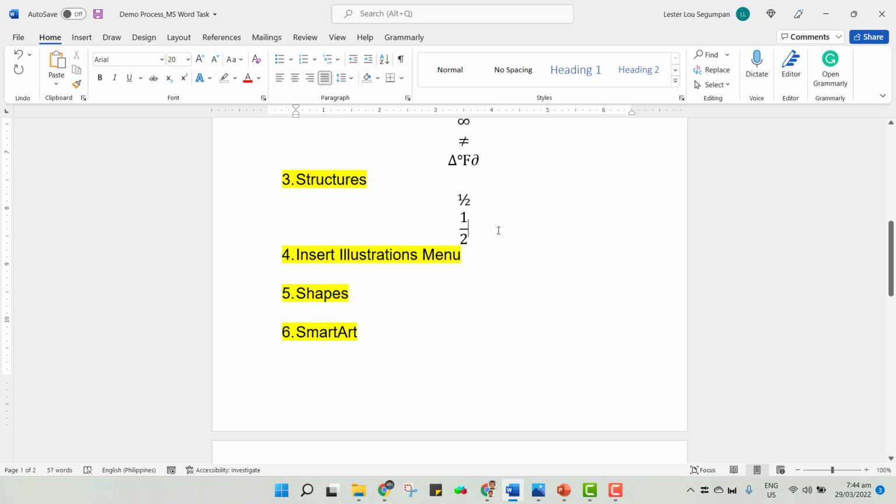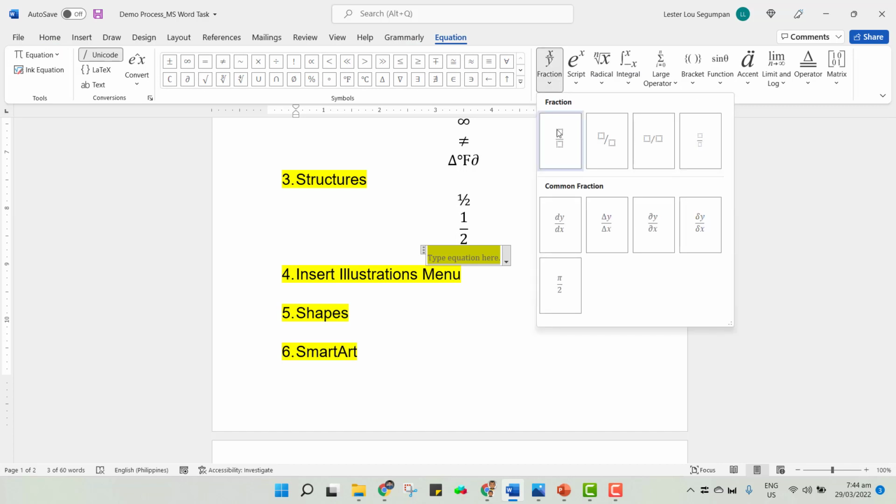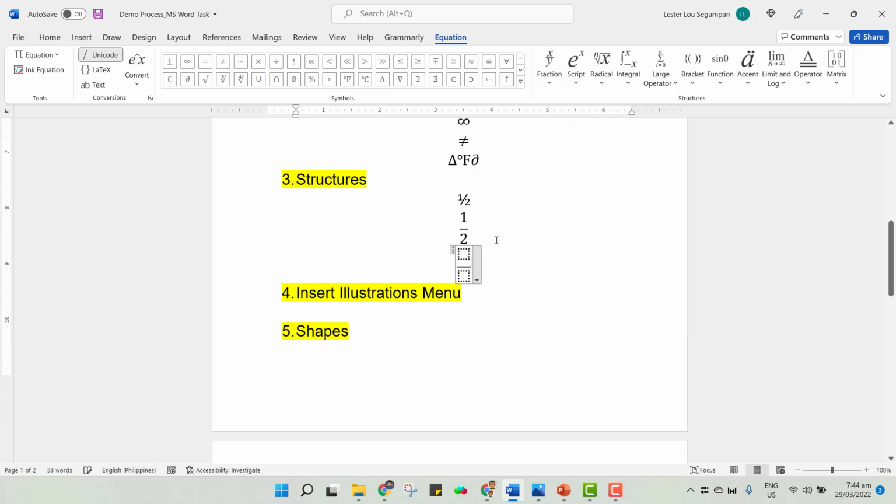If you would like to have another fraction wherein the numerator or denominator is not a monomial, in short, a binomial or trinomial, again, you could click fraction, and let's say the numerator is x plus 1, and the denominator is, for example, x minus y minus z.